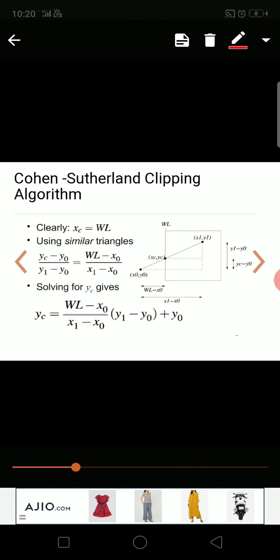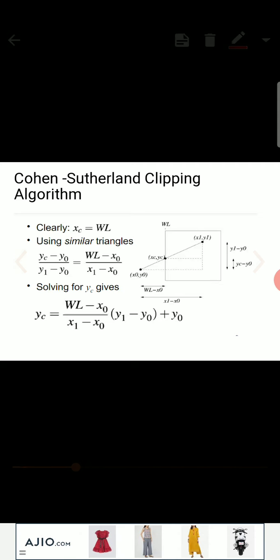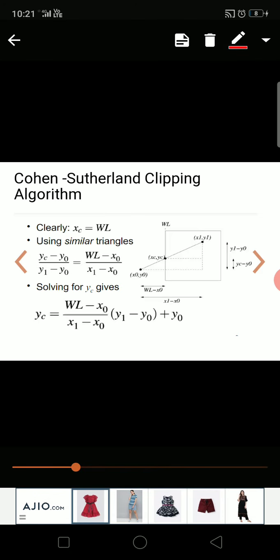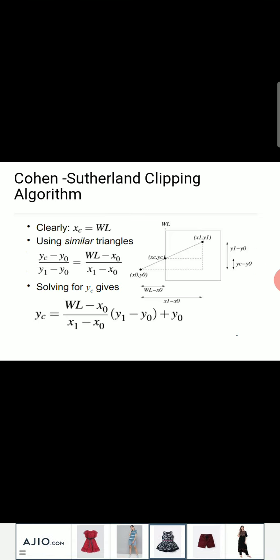We can clearly see that xc is nothing but the left bound of the window, and using the similar triangles visible in the figure, you can solve yc as the left bound of the window minus x0, divided by x1 minus x0, times y1 minus y0, plus y0.